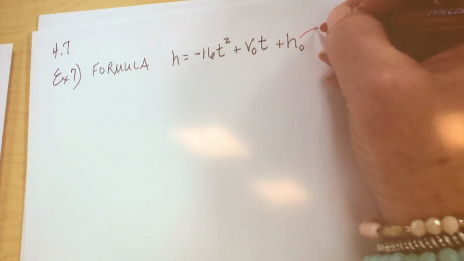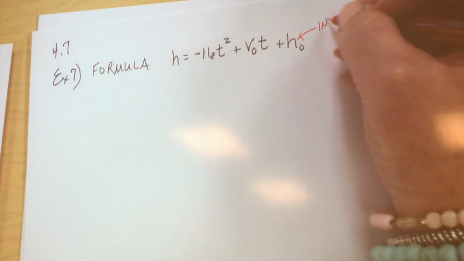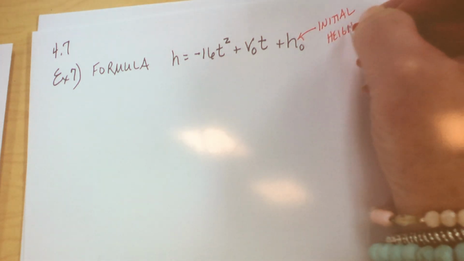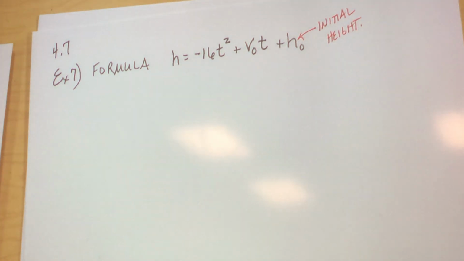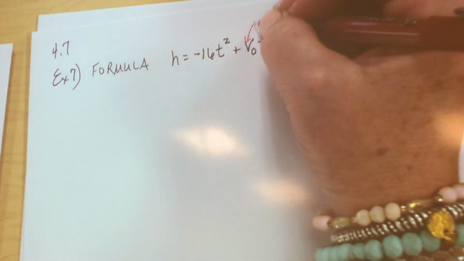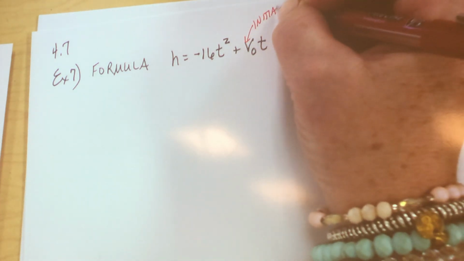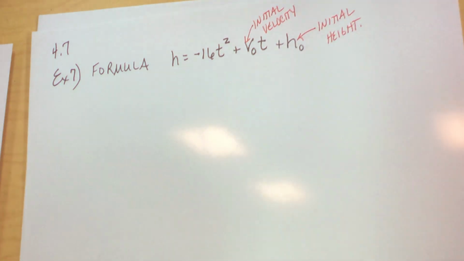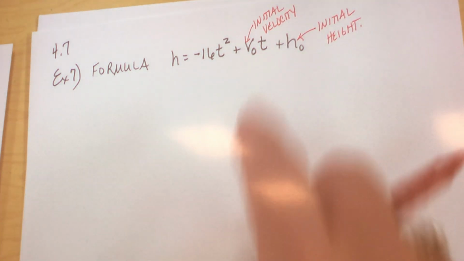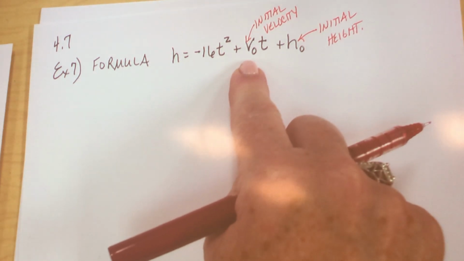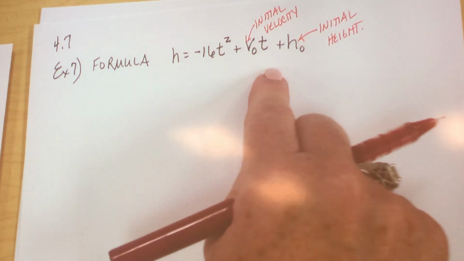So this right here is my initial height. This v sub o would be my initial velocity. These are some of the applications that you can use this formula for.